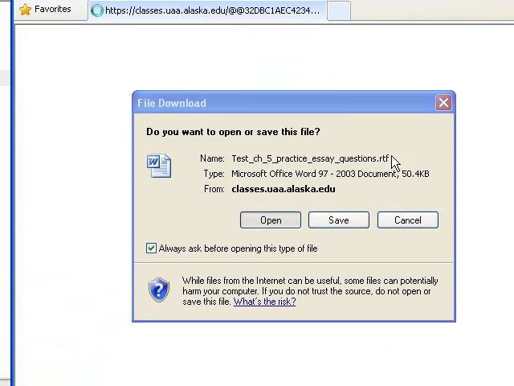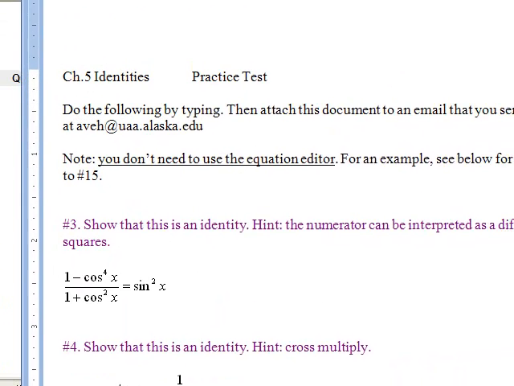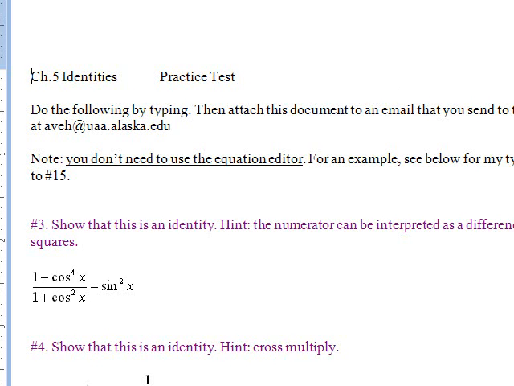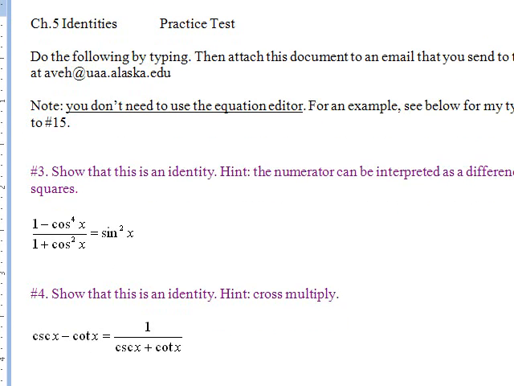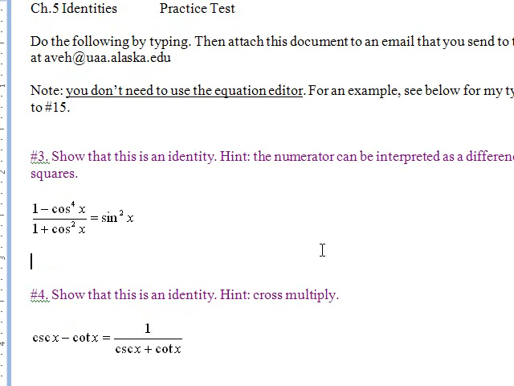And let's see what it says there. Okay, there it is. Show that this is an identity. Hint: the numerator can be interpreted as a difference of squares. Okay, I guess I can just stay right here and don't have to go back to that writing program.